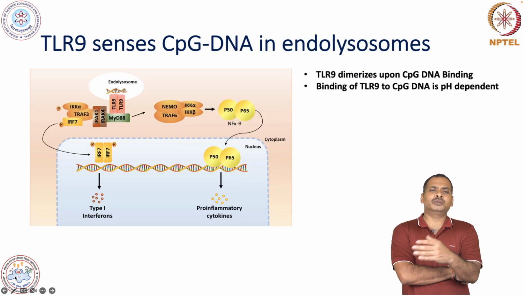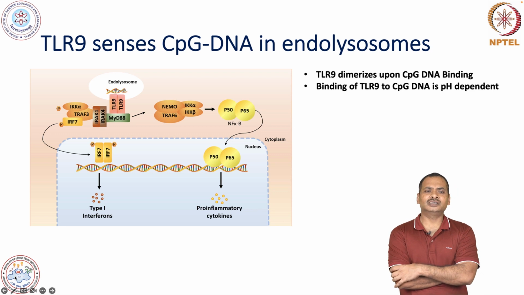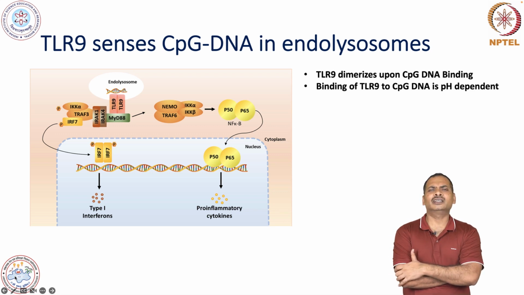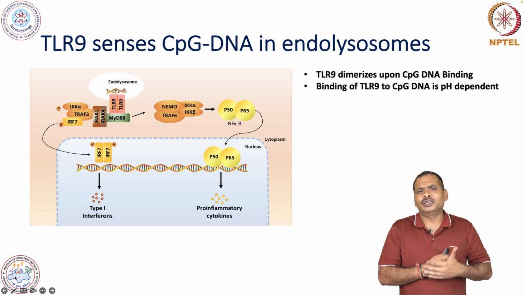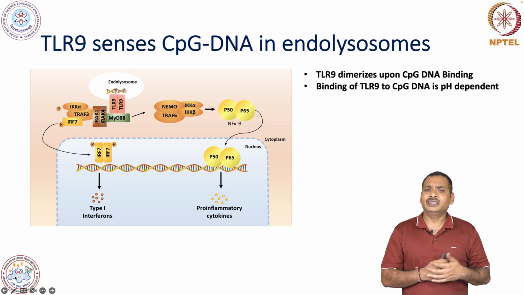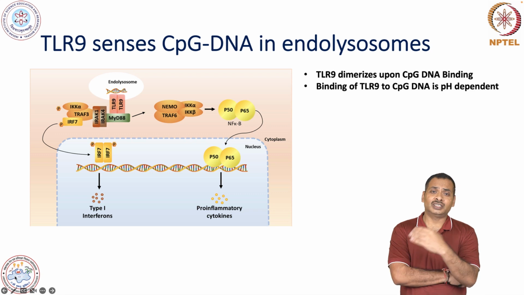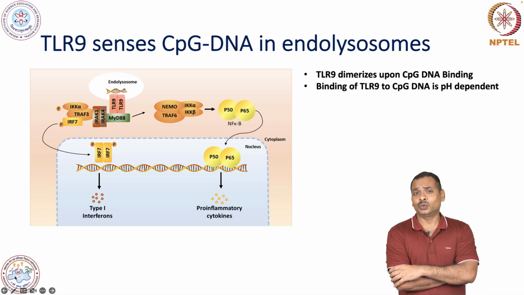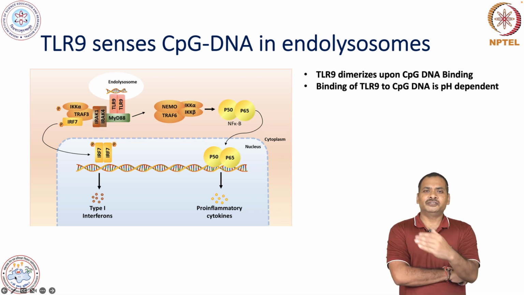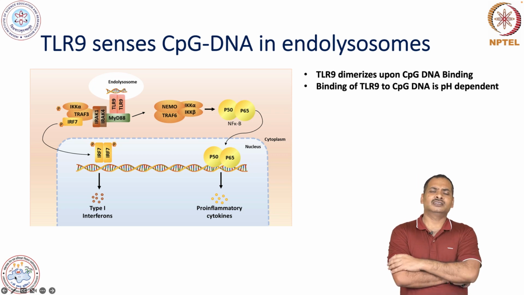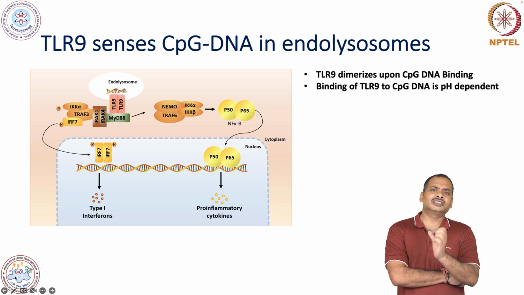Now, I will take up each sensor. The first is TLR9, and you are very well aware of TLR9 as I discussed in the previous session when I discussed toll-like receptors. Anyway, I will explain again.